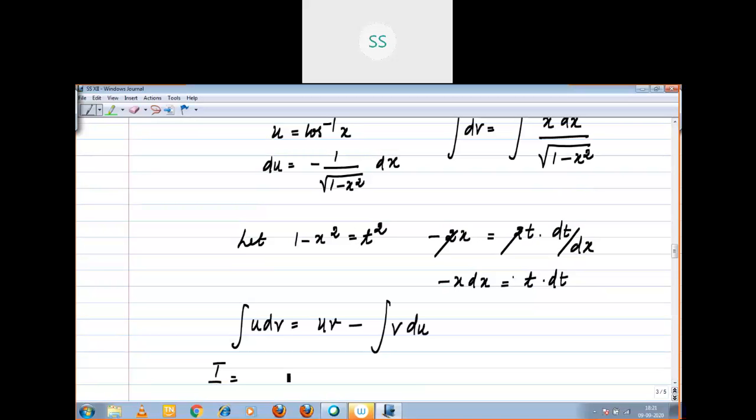So I equal to, v I didn't find, no? First we have to find it. Now integral dv equal to integral minus t dt divided by t square. Got it, children?